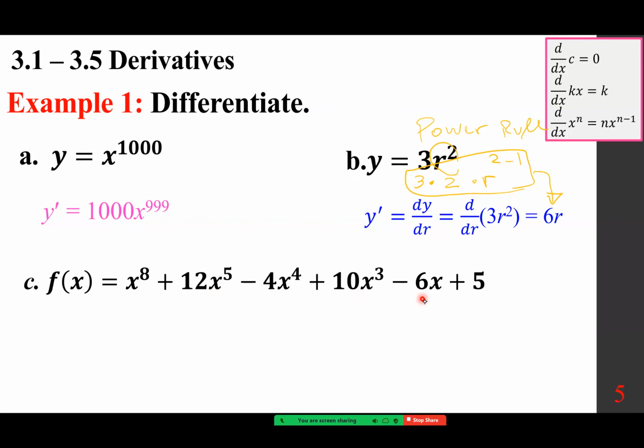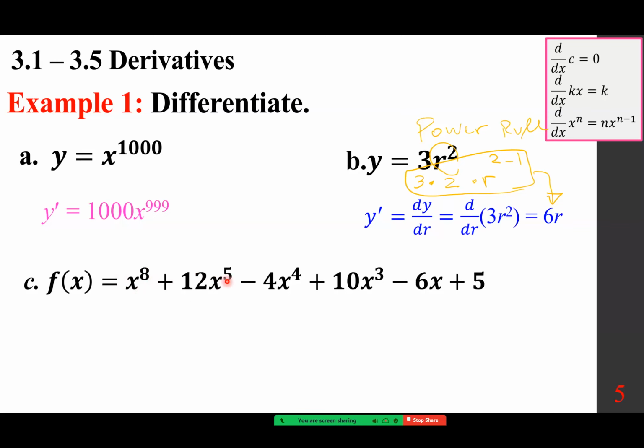So we're going to write f prime of x equals, and we are going to look at each term. So let's do it term by term. X to the power of 8. What's the derivative of this, according to the power rule? Anybody? 8x to the 7th.